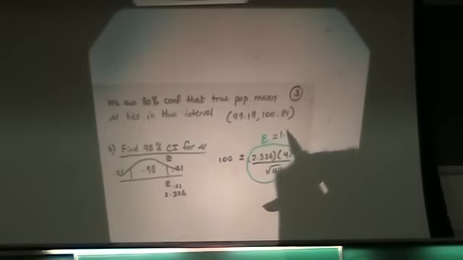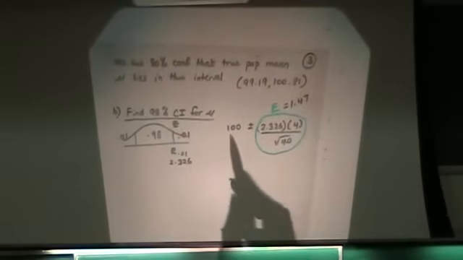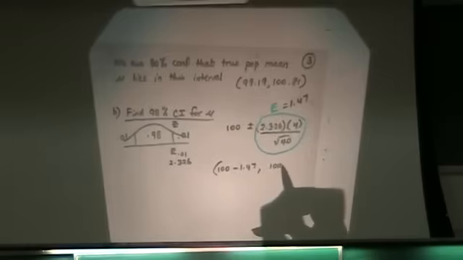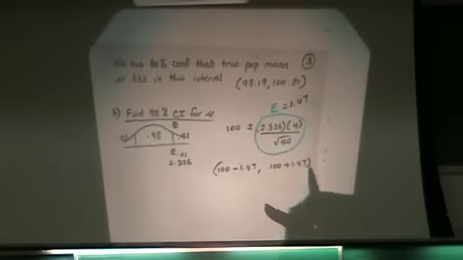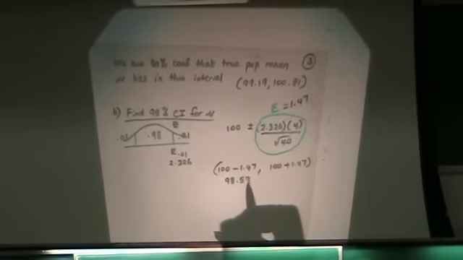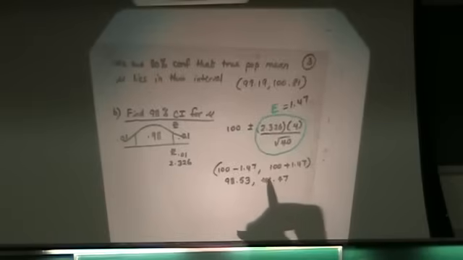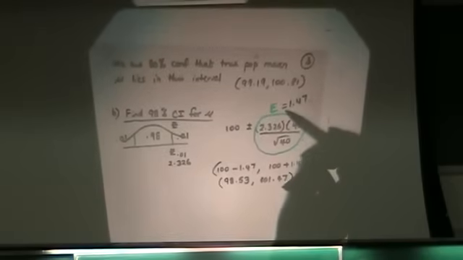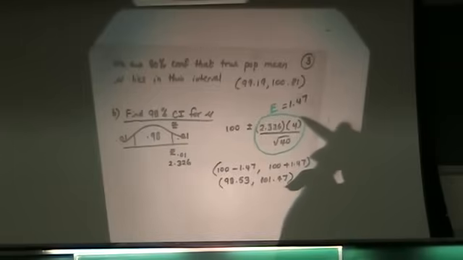1.47. So now I'm going to go 100 minus 1.47 is the left endpoint, and 100 plus 1.47 is the right endpoint. So 98.53, comma, 101.47. It got wider. Do you see?